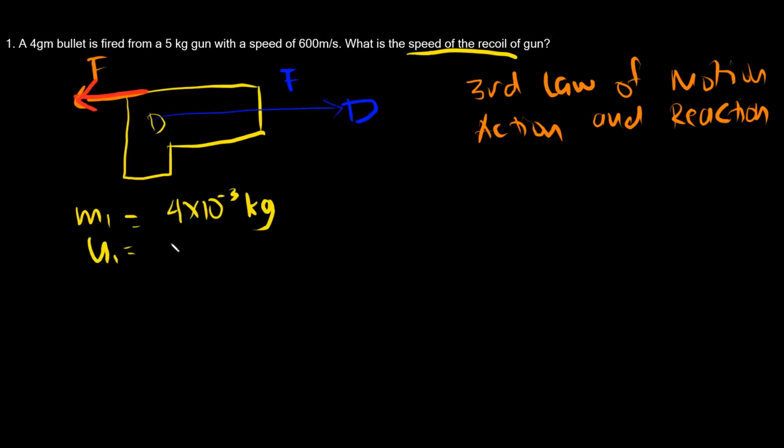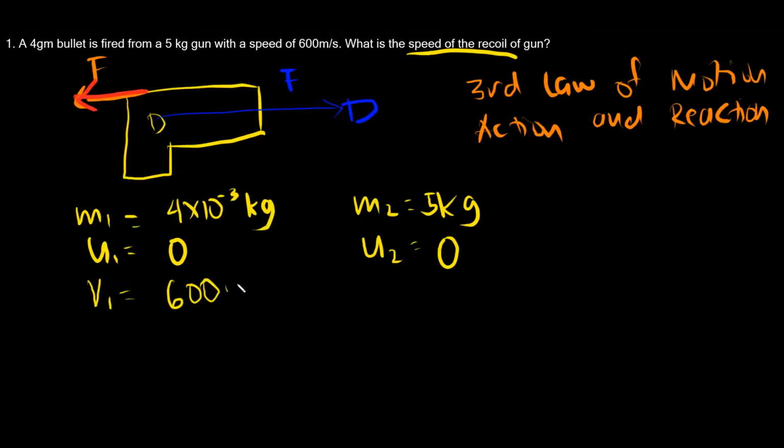Initially, the velocity is 0, because the gun and the bullet are initially stationary. Mass 2 is the 5 kilogram gun. Initial velocity of the gun is also 0. Now, the final velocity of the bullet is 600 meters per second. Again, the bullet is fired with a speed of 600 meters per second.